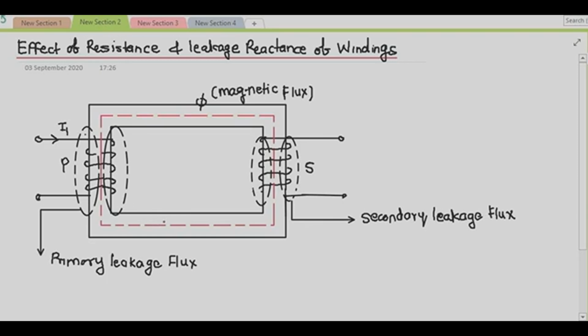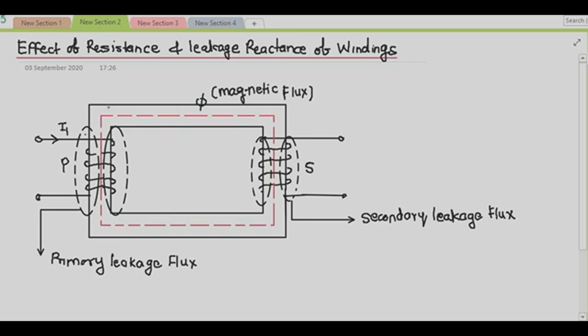Also, magnetic flux cannot be completely confined into the desired path, right? Therefore, all the magnetizing flux produced by the primary winding of the transformer does not link with the secondary winding, but some part of this flux completes the magnetic circuit by passing through the air rather than through the core.